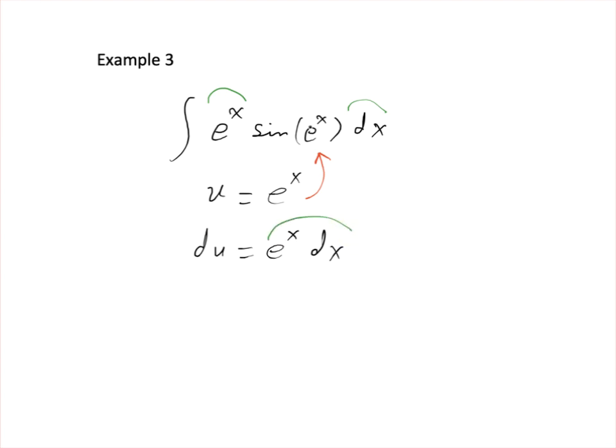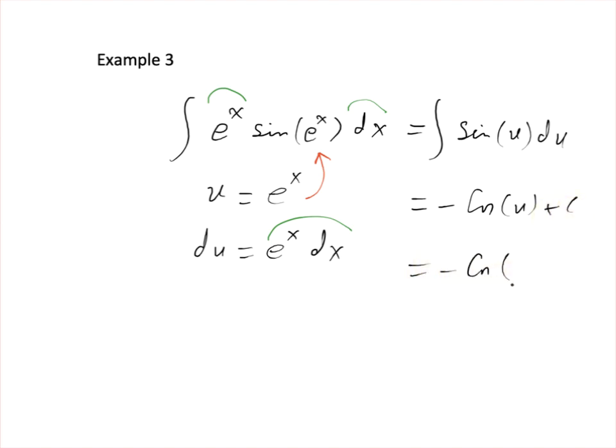So now the integral becomes the integral of sine u du. So now it's just in terms of u. And we know the antiderivative of sine u is minus cosine u plus c, which is minus cosine of e to the x plus c. And that is the answer to that integral.